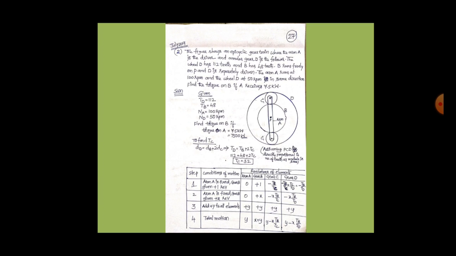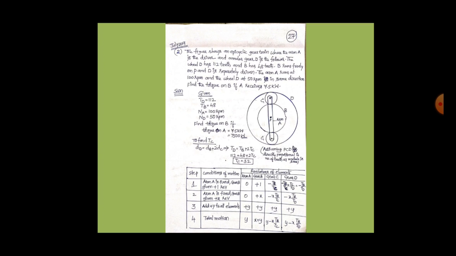Therefore, in whatever direction gear B is rotated, gear C will rotate in the opposite direction, which means clockwise. Therefore, minus. And what is the speed of gear C? That is TB by TC, previous by current. I am finding gear C, that is current, and previous is gear B, which is in mesh with it. So minus TB by TC. So that is the gear speed.